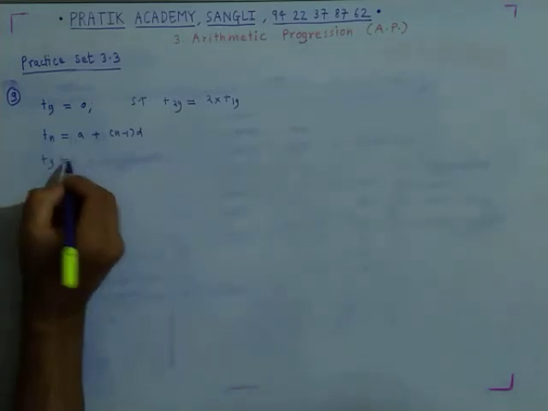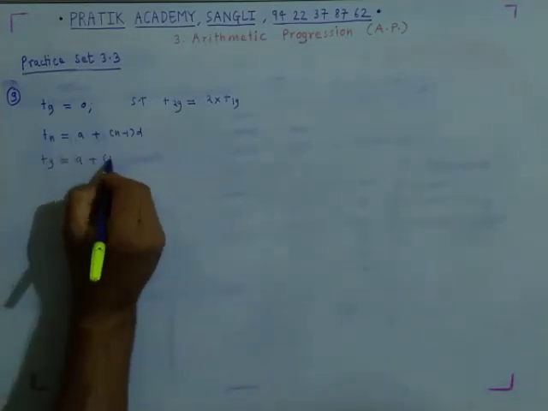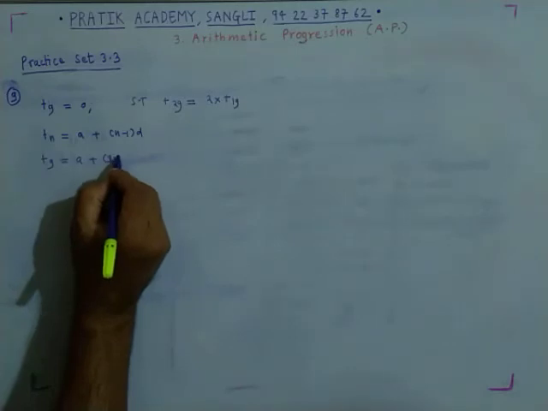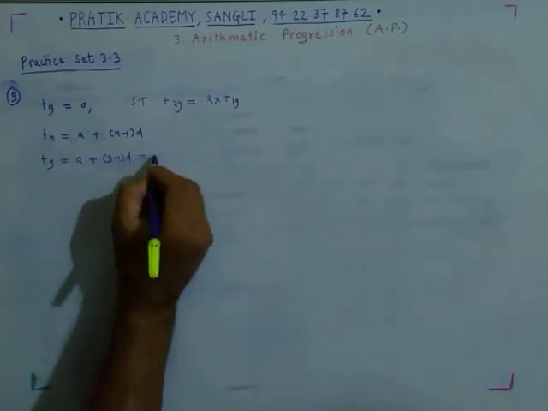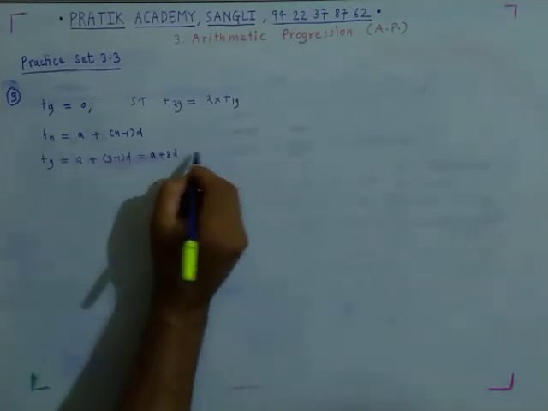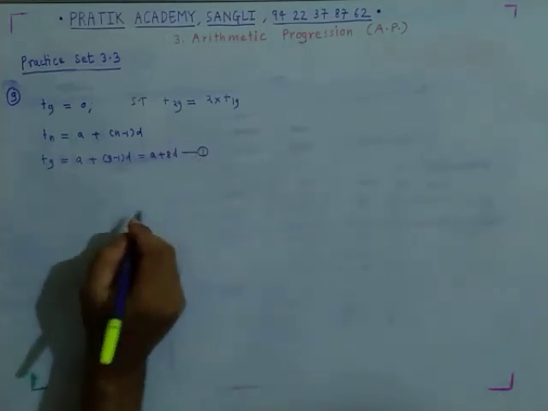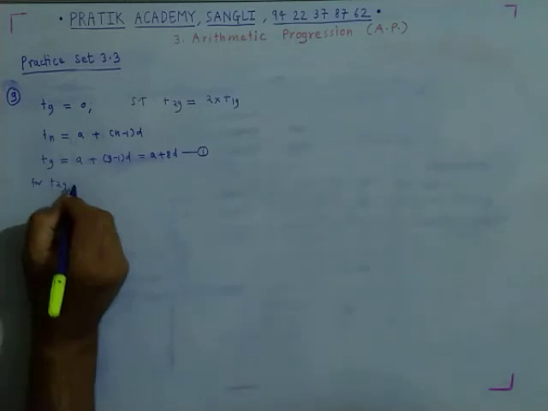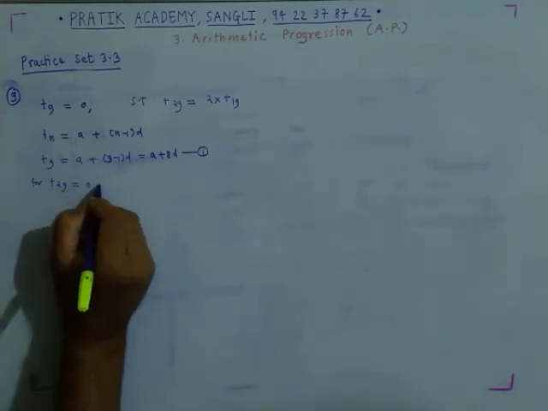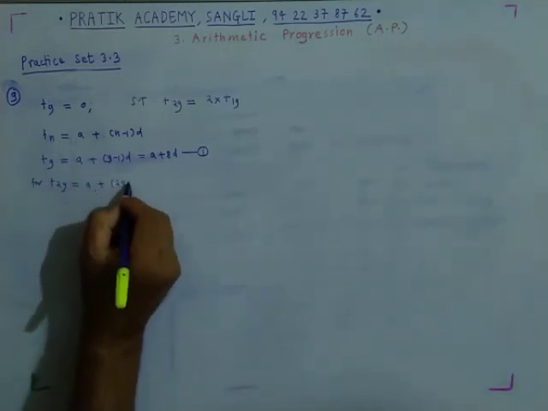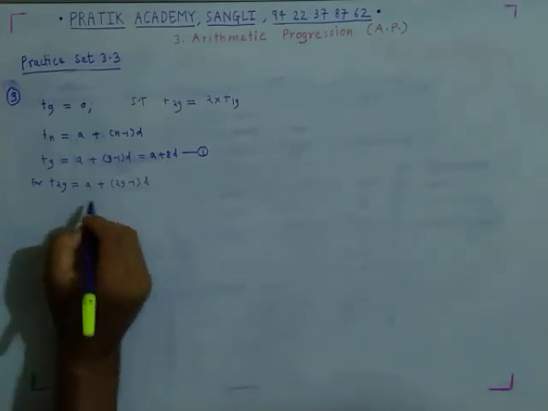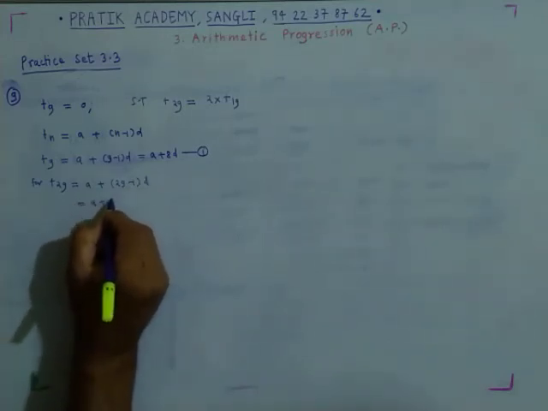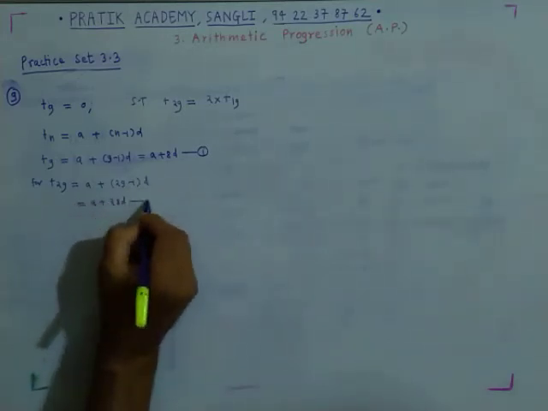So for t9 it will become a plus 9 minus 1 d, that is a plus 8d. Call this equation 1. For t29 it will become a plus 29 minus 1 d, that is a plus 28d.